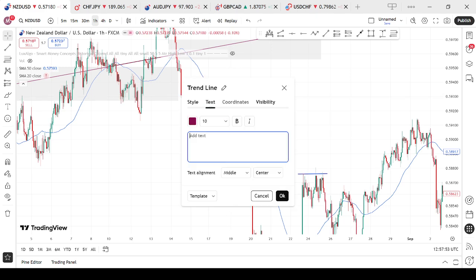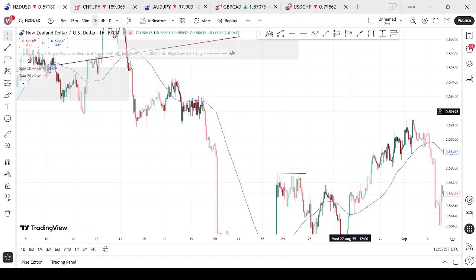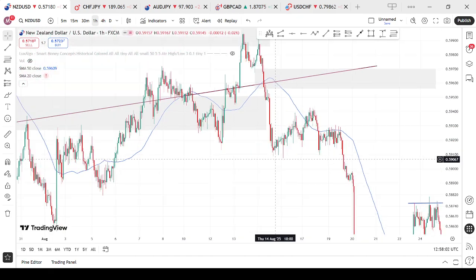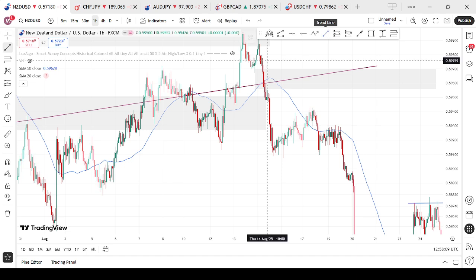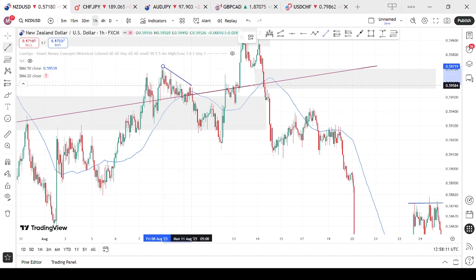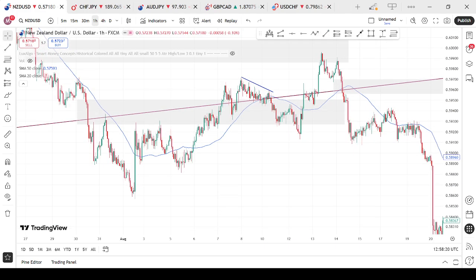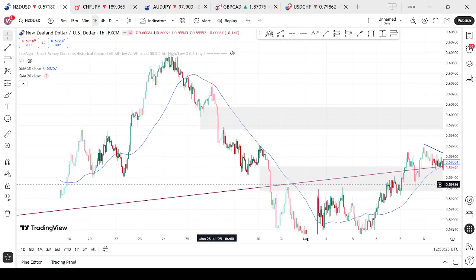A lot of liquidity around this area. All these things you are seeing here, there's liquidity. So you have to know how to trade the liquid market, and you have to be careful of liquidity sweep.